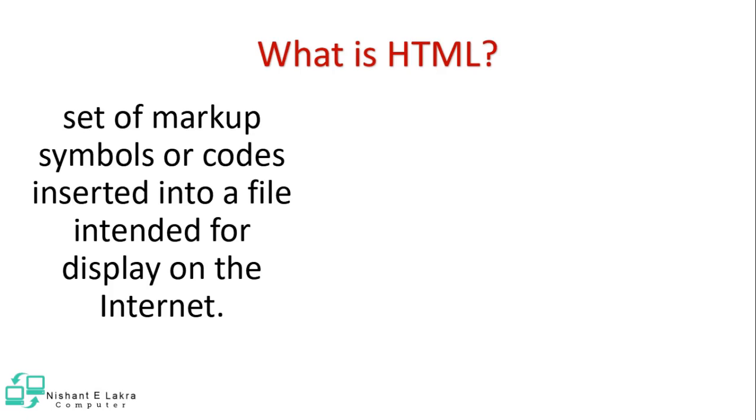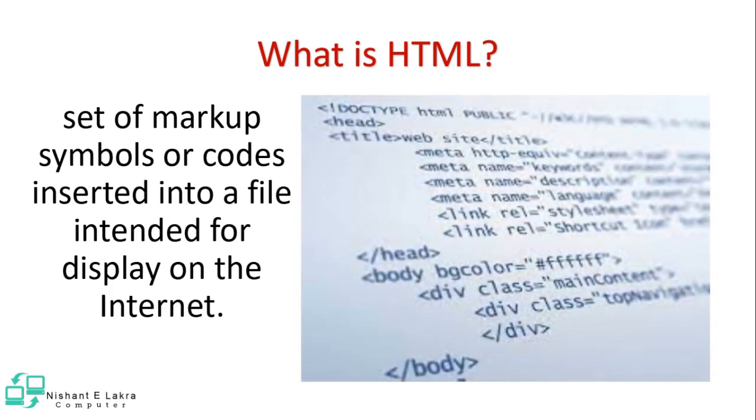For example, like you can see these special markup codes and markup symbols on your screen: head, title, and the head is closed. Then the body, what you want to be shown on the web page.